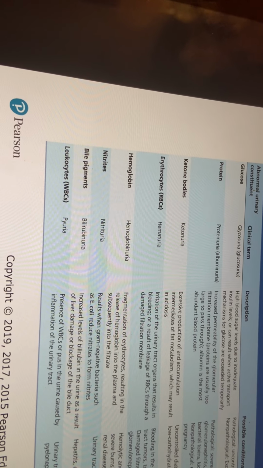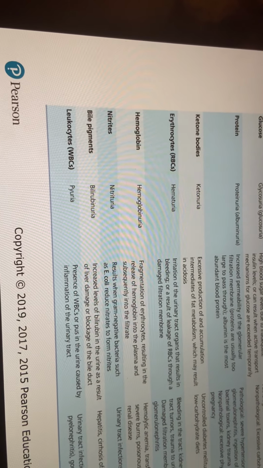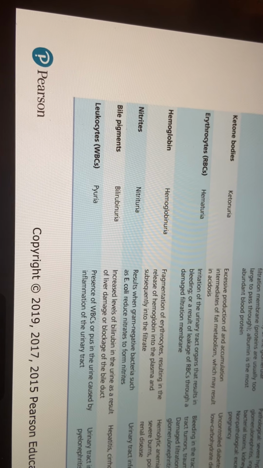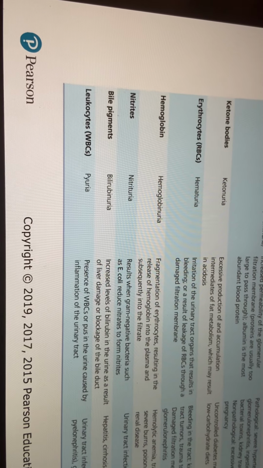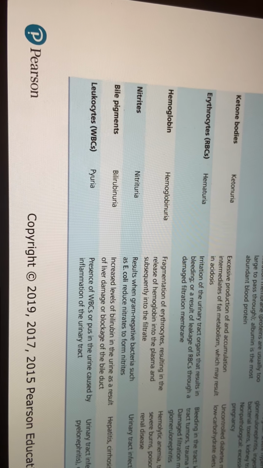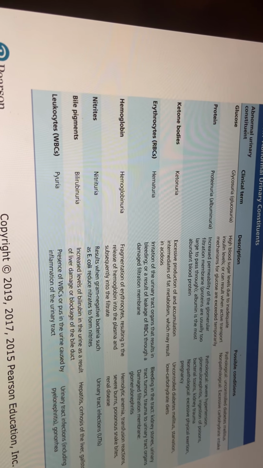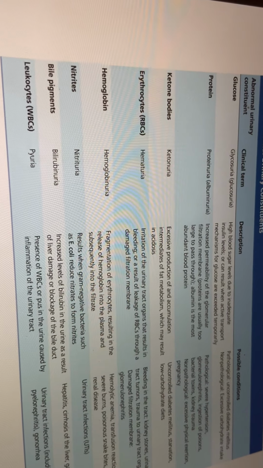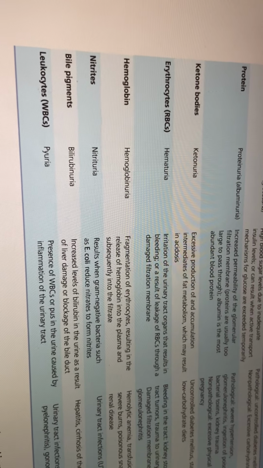In glomerulonephritis, will it be basic or acidic for the pH? It will be more acidic. Okay, so do you have the answers there? You put your answers. What about specific gravity? Specific gravity, it's because there's still some other components.